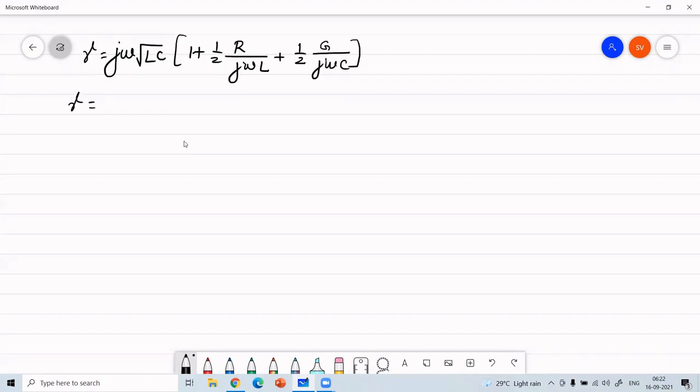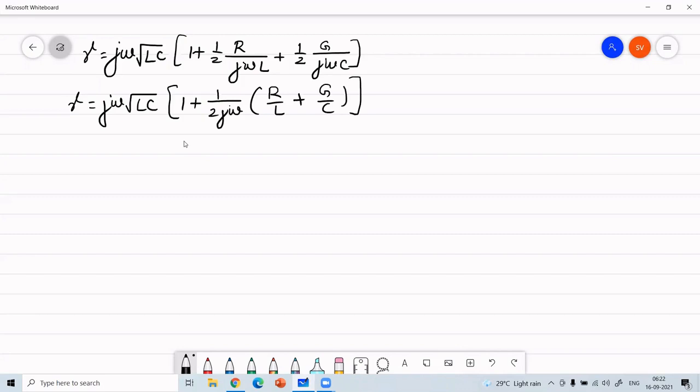So gamma can be written as j omega into root LC into (1 plus this 1 by 2 j omega can be taken in common), so (R by L plus G by C).